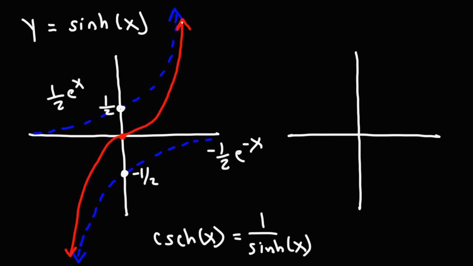When the y value of the hyperbolic sine function becomes very large, the y value of hyperbolic cosecant will be very small. So for instance, let's say this has a y value of 10. 1 over 10 is basically 0.1. In other words, as this goes up, hyperbolic cosecant is going to go towards 0.